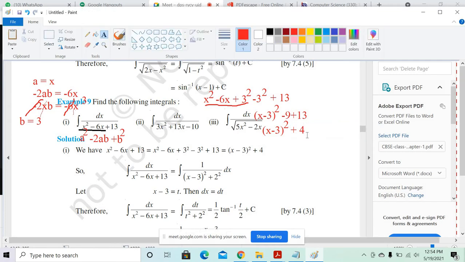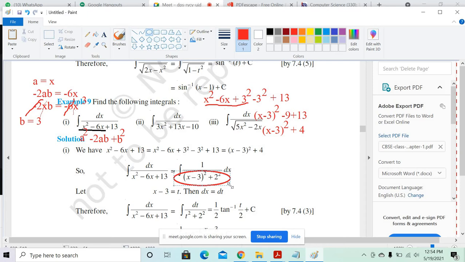Clear? Plus 4 can be written in this form. Any questions, any doubts? No, sir. Clear?